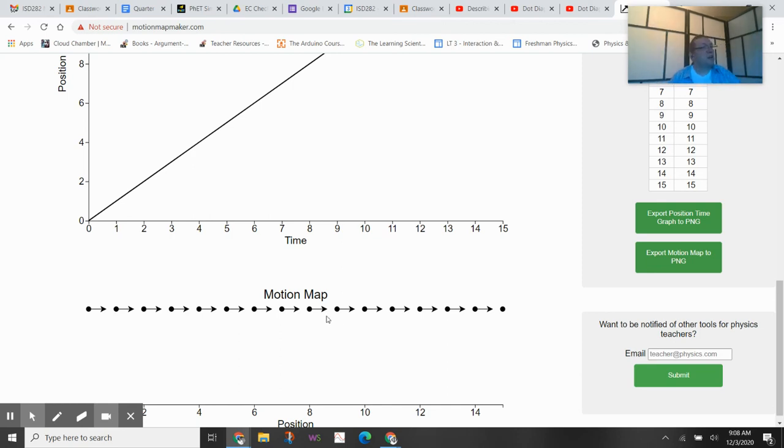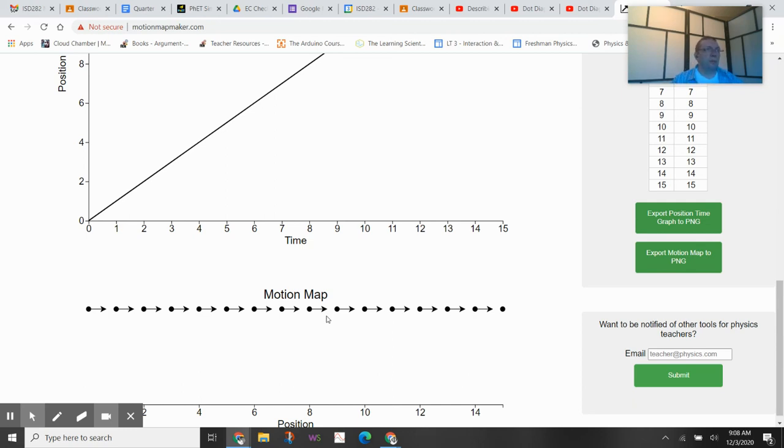What a deal. Those dots with the arrows are called motion maps, or sometimes they'll drop the arrows and just call them dot diagrams. And if the dots are nice and evenly spaced, then that tells us that the velocity is constant. The dots are meant to be drawn, or thought to be drawn, like every second.